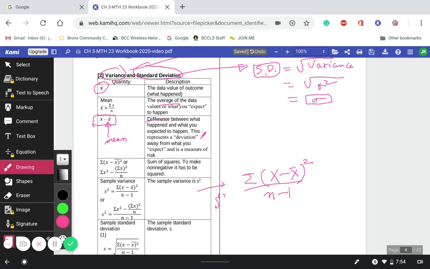That's the variance formula. So you have to know first the difference, and when you square the difference and add all together, you get the total value of differences, difference square actually, and you divide by n minus 1.